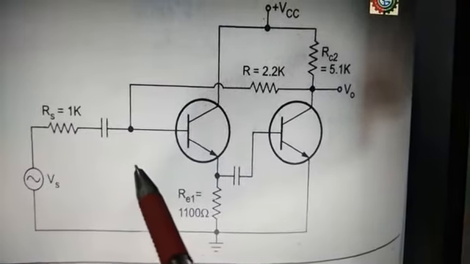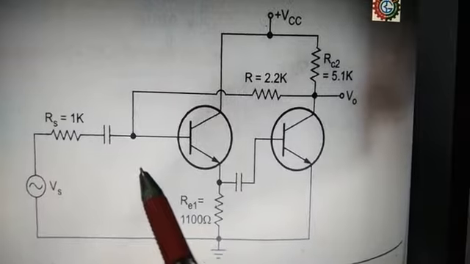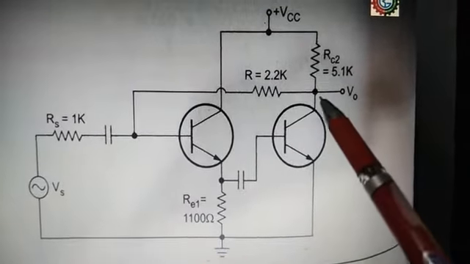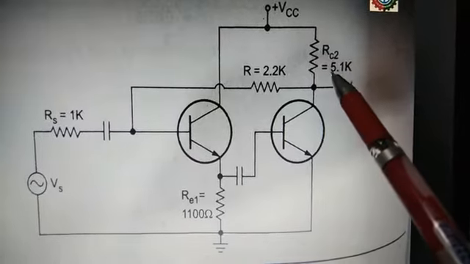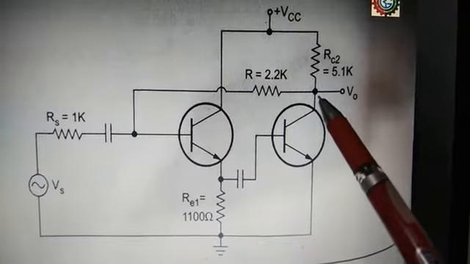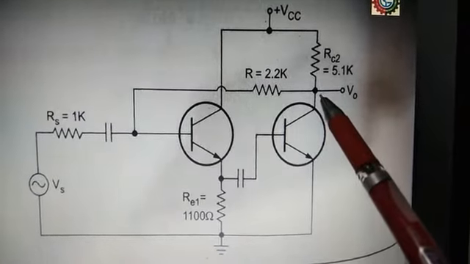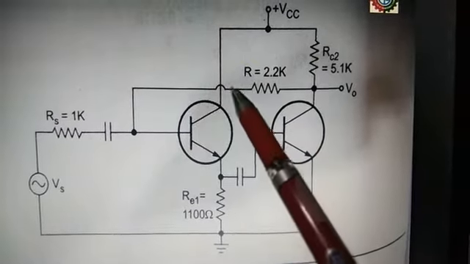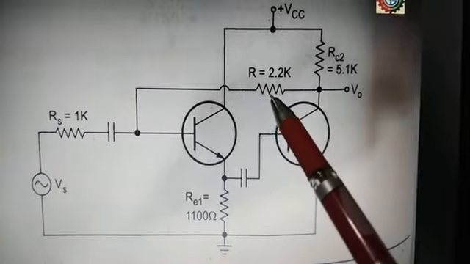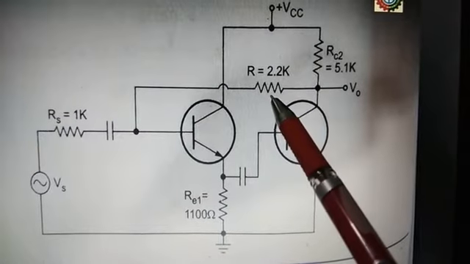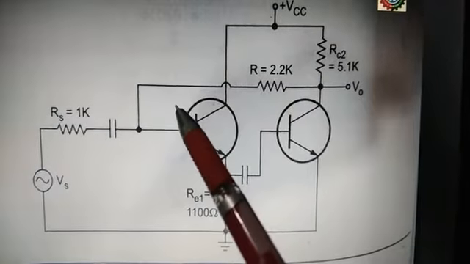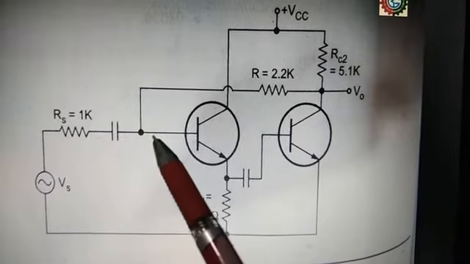In the same fashion as in the first numerical, the single stage transistor, here also the output across RC2 is the voltage, and this voltage provides the current to the feedback circuit, that is the 2.2 kilo ohm resistance, and hence this current will flow to the input side.